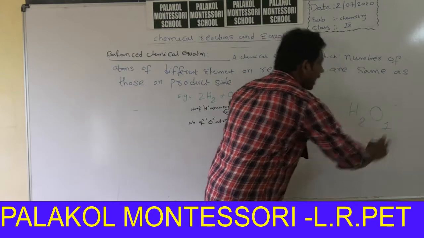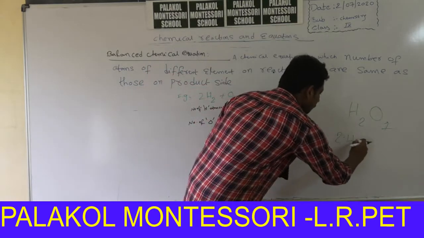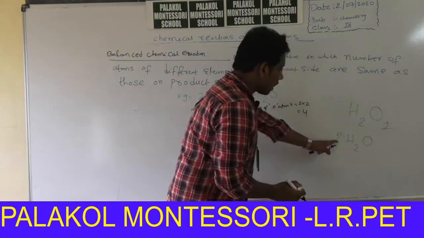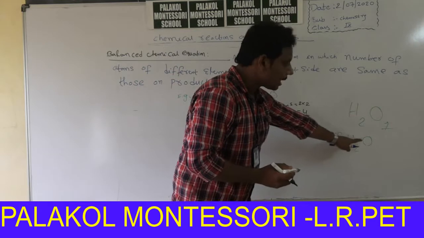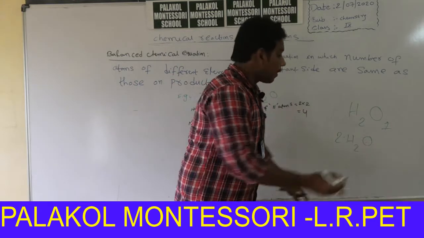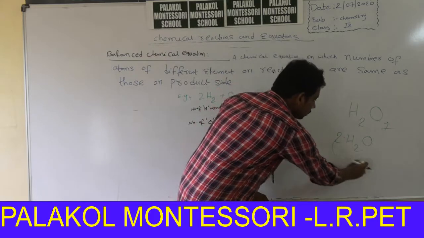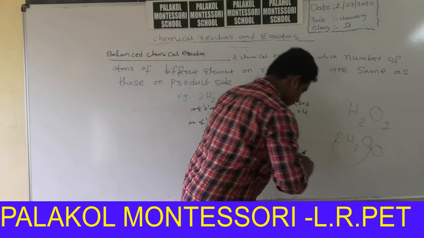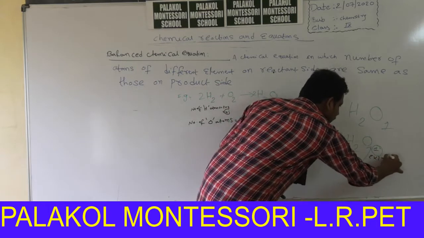So oxygen has subscript 1. Now tell me, in 2H2O, this 2 is related to both hydrogen and oxygen. How many oxygens are there? 2 in front, and the subscript is 1. 2 into 1, that is equal to 2.